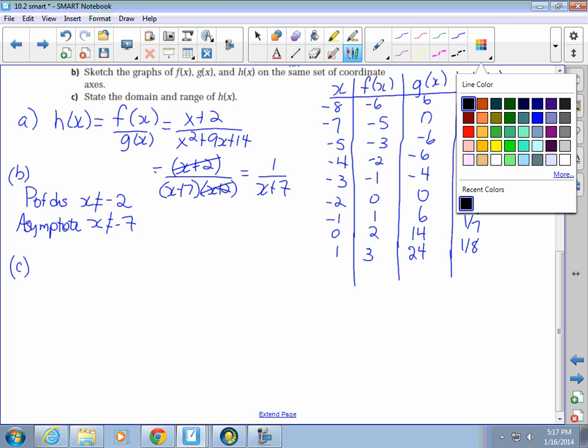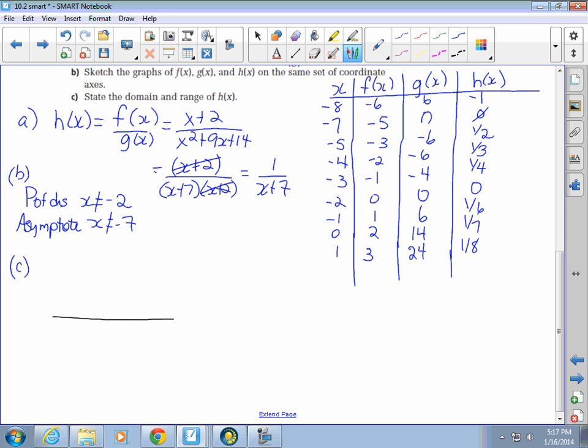So, on my graph here, my x's, I need to go all the way over to -8. I know if I call this point here -7, at -7 I know I'm going to have an asymptote, so I'm going to make this spot here -7.